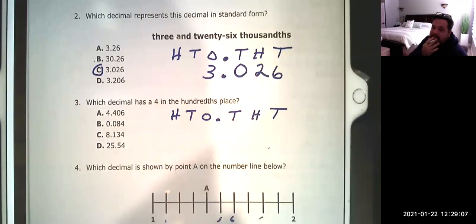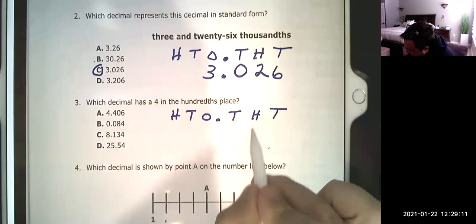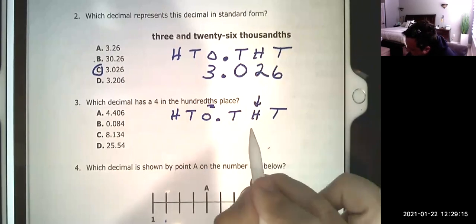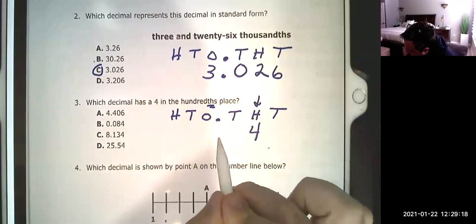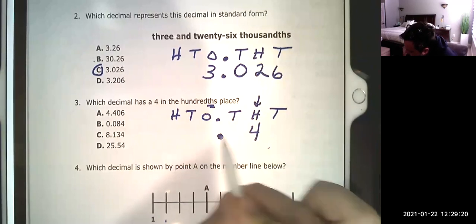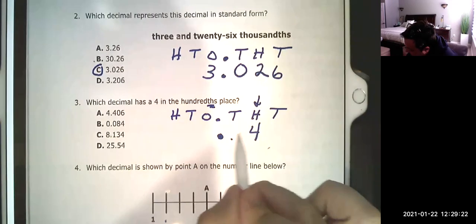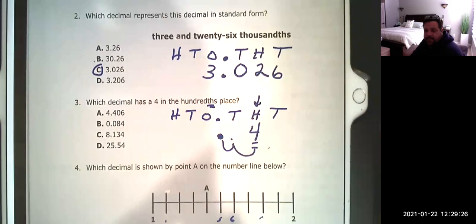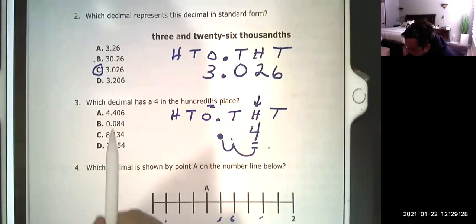It just helps me think about it. So I need to get a 4 in the hundredths place, which is right here, right? Hundredths. So I need a 4 right here. So I know there's going to be the decimal. Then I know there could be a number here, but there's got to be a 4, 2 numbers after the decimal, right? So let's take a look.